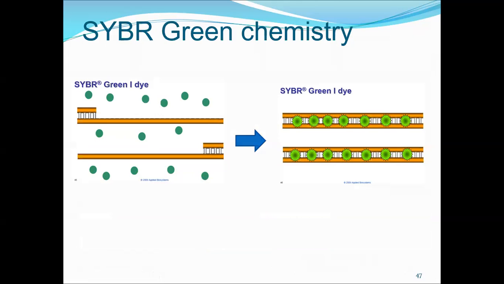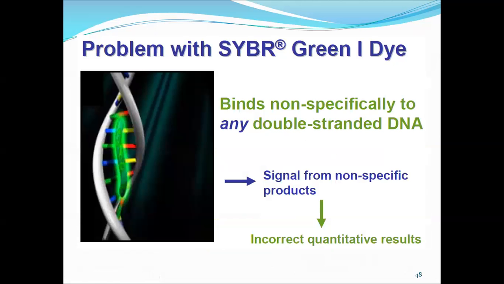The other chemistry is the SYBR Green chemistry. In this one, when double-stranded DNA is formed, it just binds to the double-stranded DNA in the minor groove. The problem with SYBR Green is that it binds non-specifically to any of the double-stranded DNA. So the signal can come from non-specific products also, which might give you incorrect quantitative results.